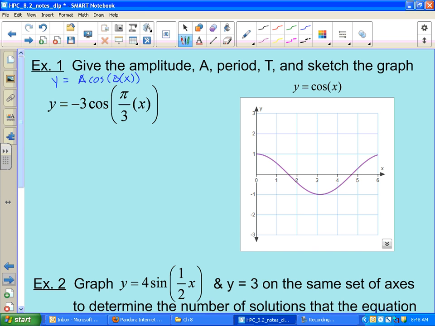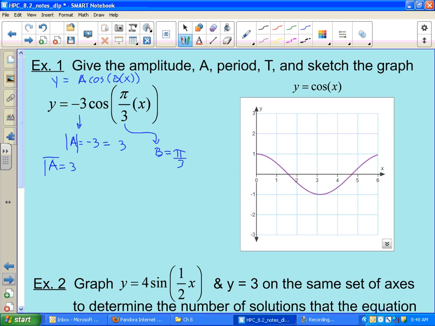So in this case, we see that there's my A. It's actually a -3 out there, but we're looking at absolute value, which makes this equal to just 3. And then here is my B value of pi over 3. All right, so identify the A and identify the B.